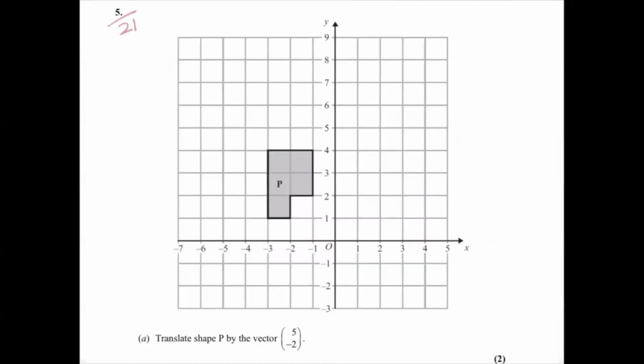Okay, another crossover, both seen on foundation and higher. We're being asked to translate shape P by the vector 5, -2. Now, a translation slides, and the vector gives the direction that you need to go in. So a positive 5 means we will be going 5 forward, and that negative means we're going to be going down 2.